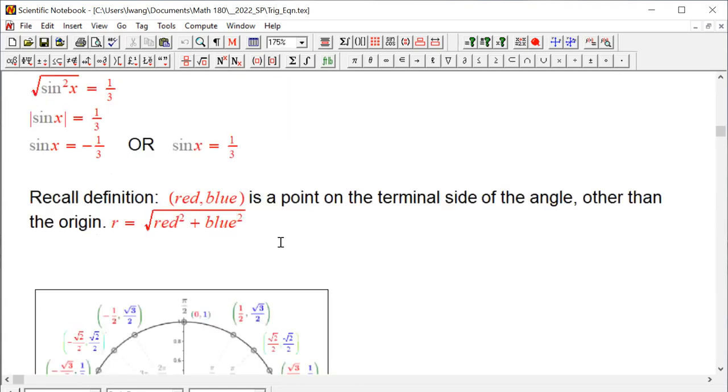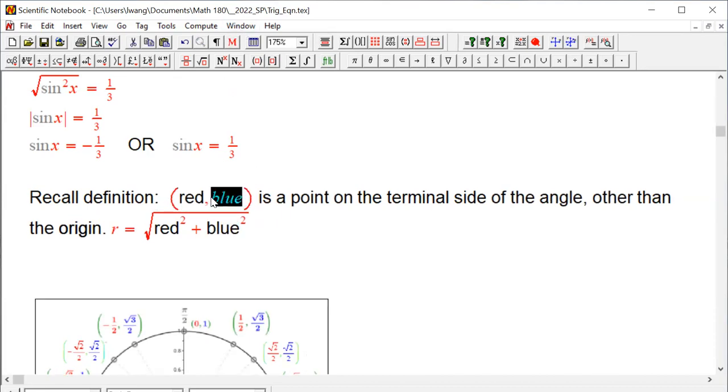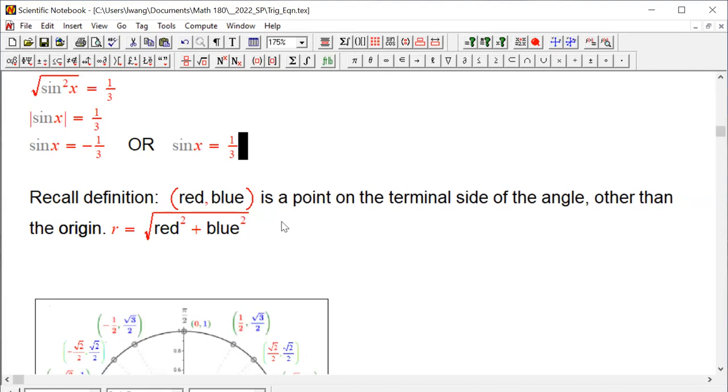So r equals the square root of red squared plus blue squared.